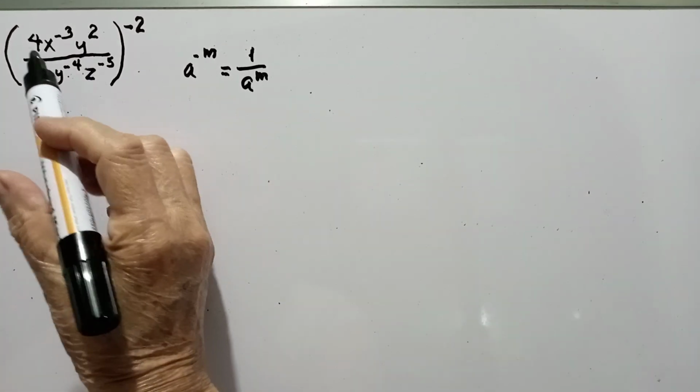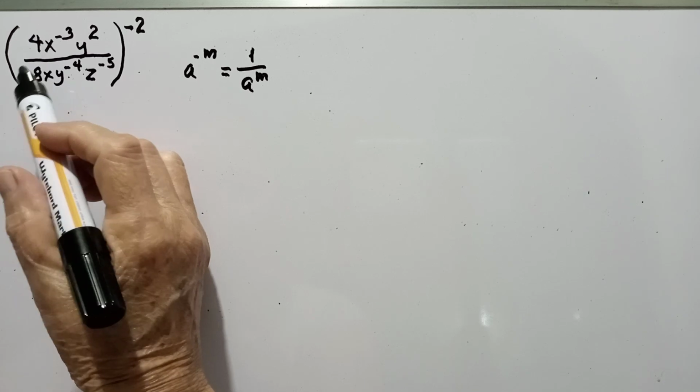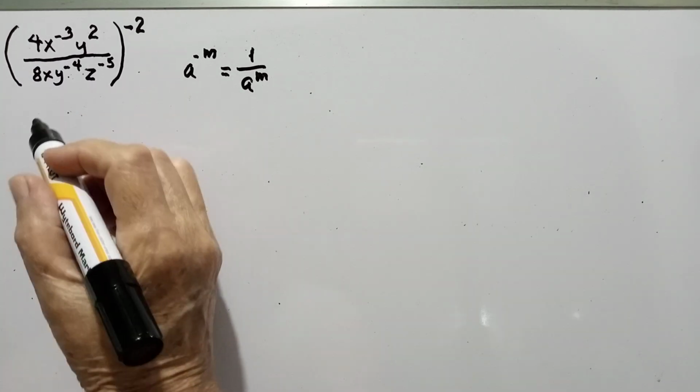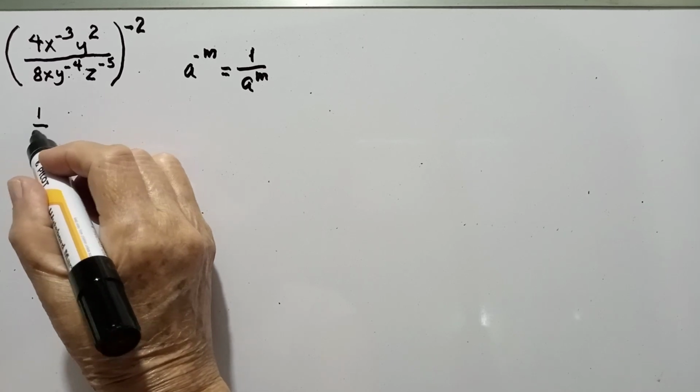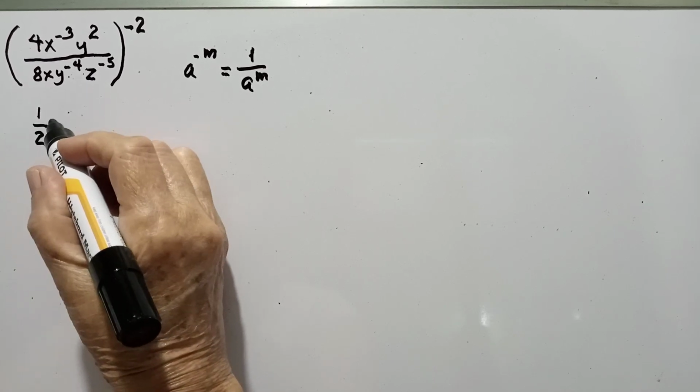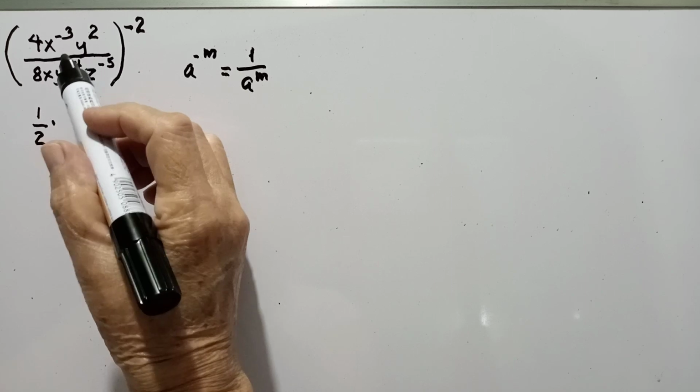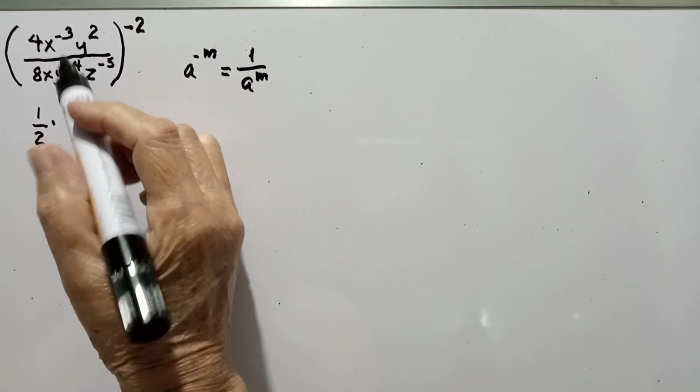First, let us reduce 4 over 8 to its lowest terms. So we have 1/2, times x, this is negative, so we have to bring it down.